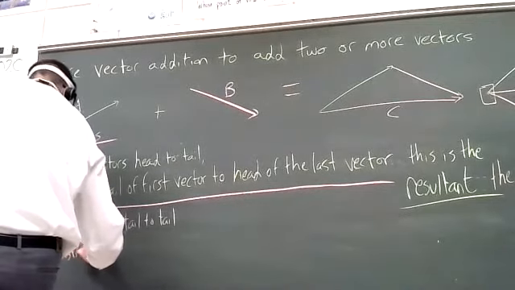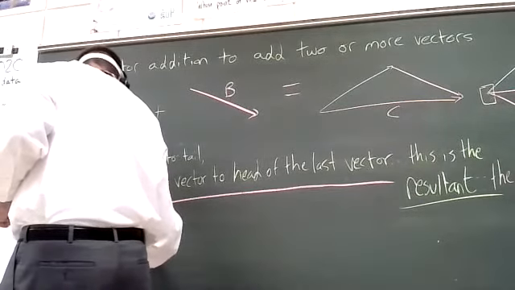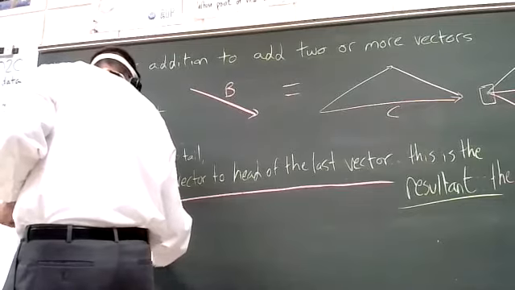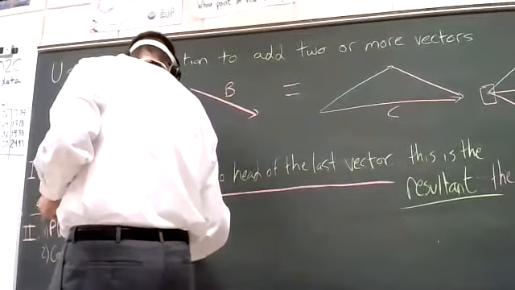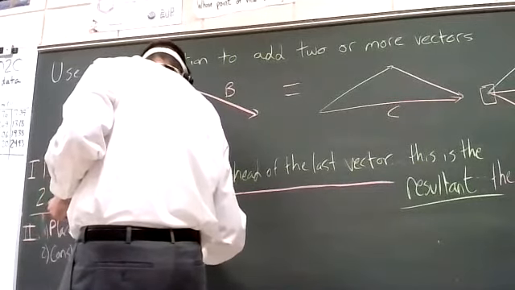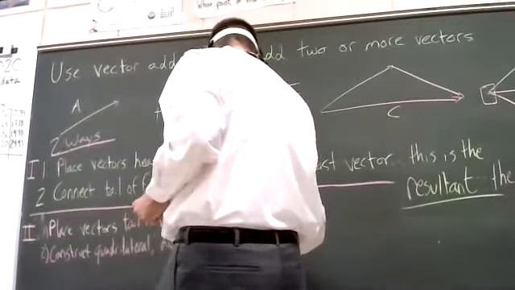Construct a quadrilateral, a four-sided polygon. The diagonal is the result.